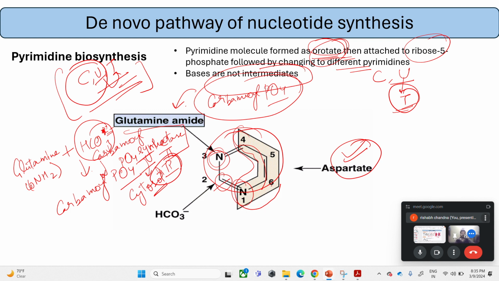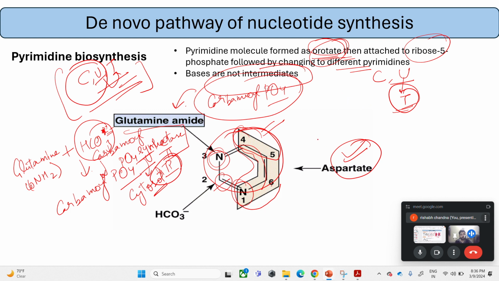So, talking about why we discussed this first, such types of questions are asked in competitive exams. For example, there can be a question that asks the fourth and fifth carbon of the pyrimidine ring are formed from which of these amino acids.